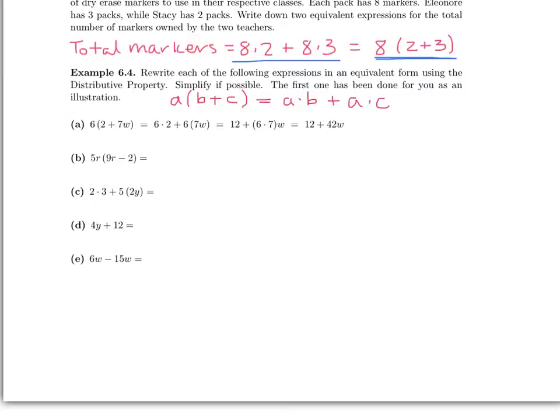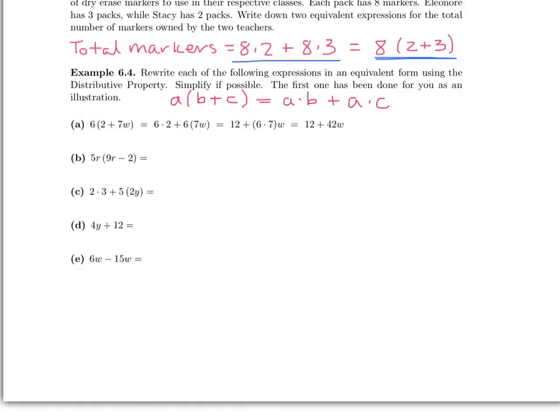So let's apply that to this example that's already been worked out. 6 times the quantity 2 plus 7W. Well, if you look at this quantity right here, it is precisely in this form.